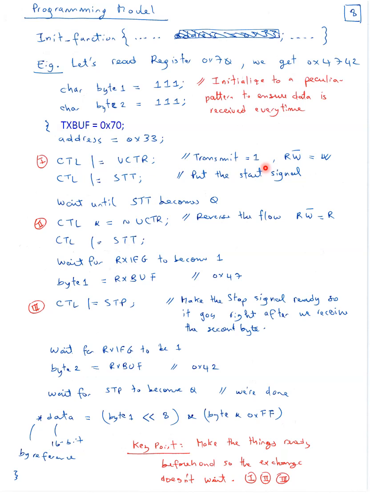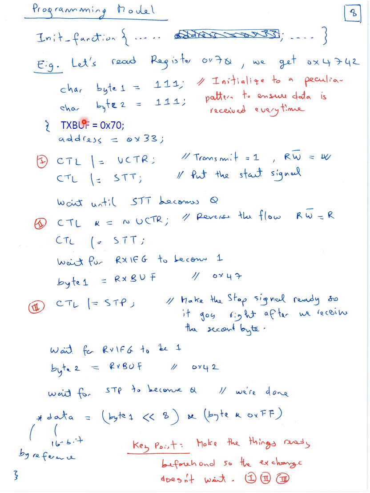And this bit, when you assert it to 1, it means the RW will be equal to W, because the first thing we're gonna do is write the register address 70. And that's what you see here. We will go to the transmit buffer and write 70. So you can see these three things together, saying we want to communicate with I2C 33, and we're gonna do a write, and that's what we're gonna write.